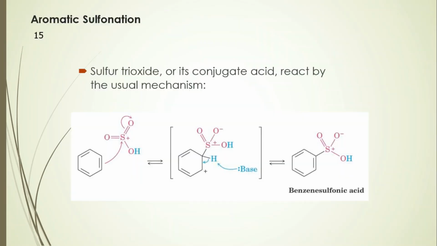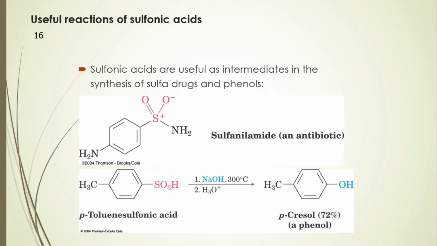We have some practical applications of this sulfonation reaction, where you have seen that it has been used in antibiotic formation. For example, sulfanilamide is a compound where this reaction has been used to produce the sulfanilamide antibiotic.